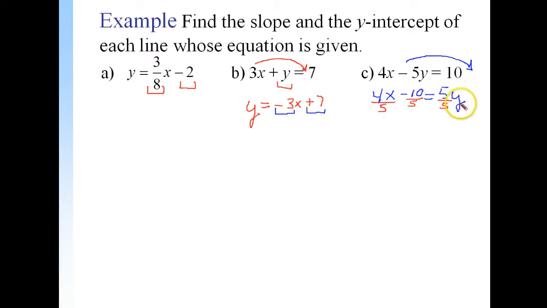And I'm going to rewrite it so the y is over on this side. So this is just plain y. Now this is 4/5 x, and this is a -2. Now that I have it in slope-intercept form and my y's are positive, I now can identify my slope as a 4/5 and my y-intercept as a -2.